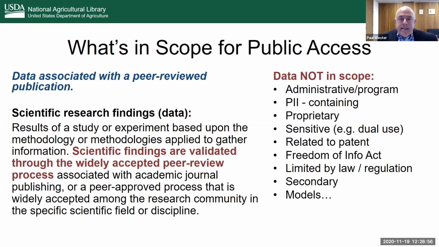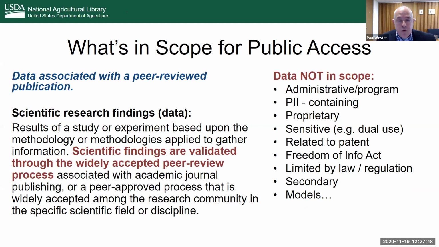So one of the main topics within the P&P is what is in scope for public access. We're transitioning from that data management piece to the public access piece of the P&P. Data associated with peer-reviewed publications is the focus of the public access policy itself at a minimum.